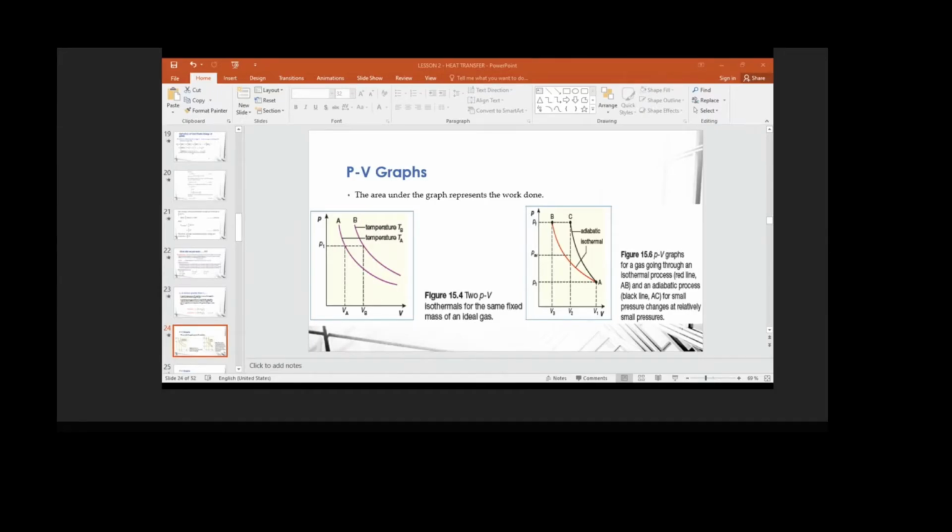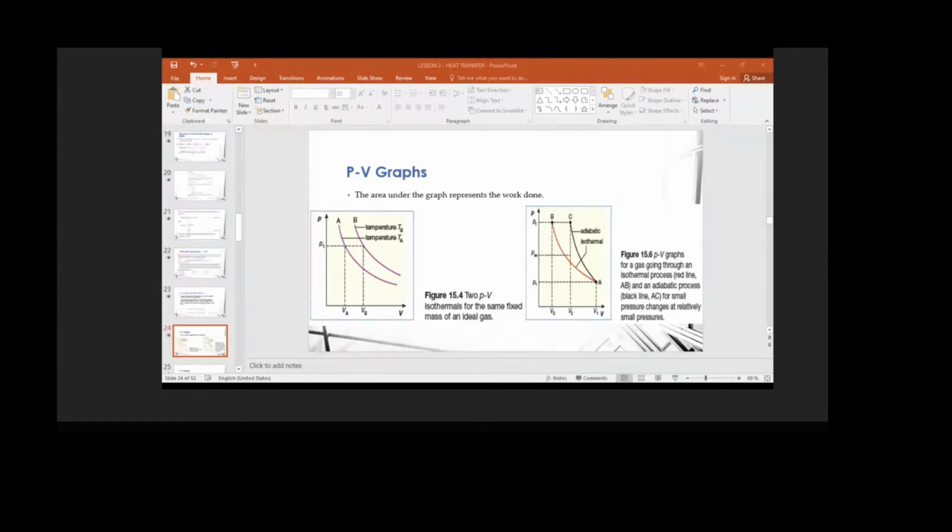So whatever temperature B has is different from whatever temperature A has. But in this case, the red line will never change temperature, so it's isothermal, but the black line is an adiabatic process.